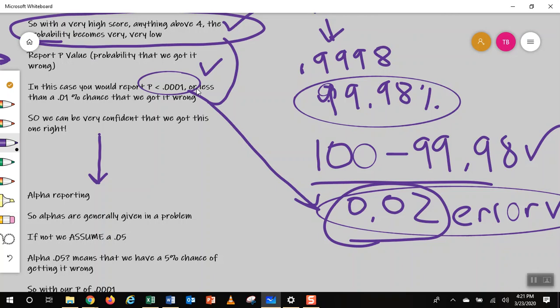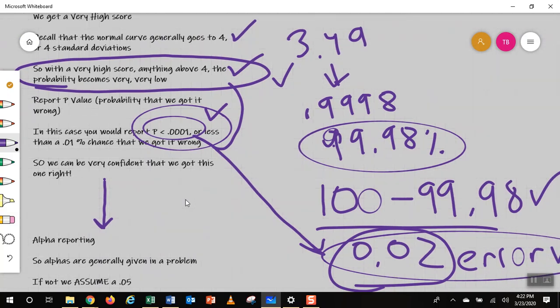So whenever you get something that has a very high z-score, like in this case it was a 23, this is what your answer is going to look like. The probability is less than 0.001% chance that we got it wrong. Okay? I want to highlight this because if you have a homework question where you get a very big z-score, anything well above 4, so if you got a z-score of 5 or 6 or 7, your answer is going to look like this.